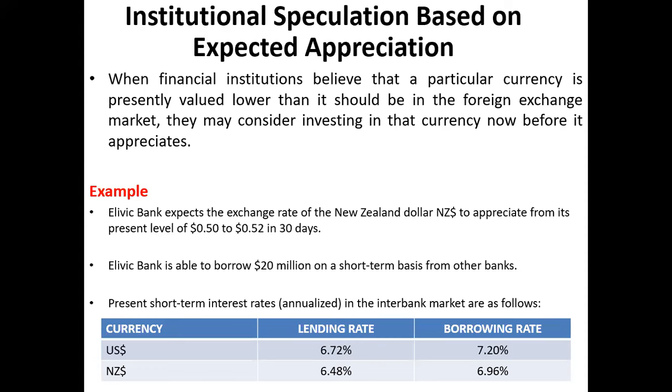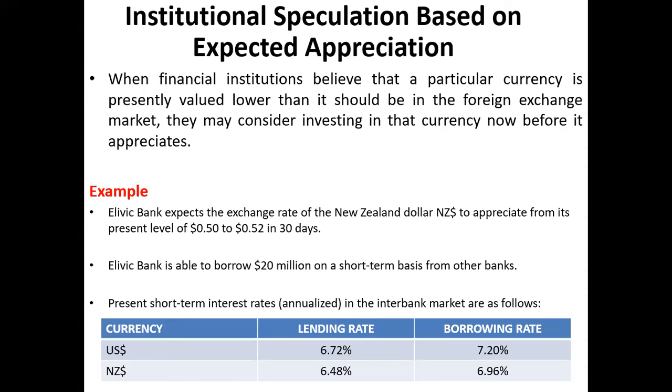So you must note this, that for every question like this, always borrow from the country that you expect the exchange rate will depreciate, and go and invest in the country that you think the exchange rate is going to appreciate.